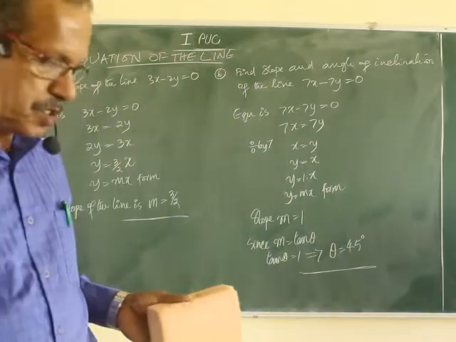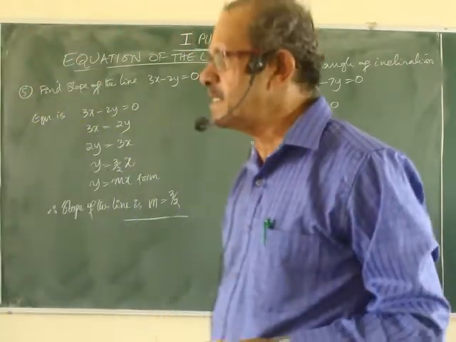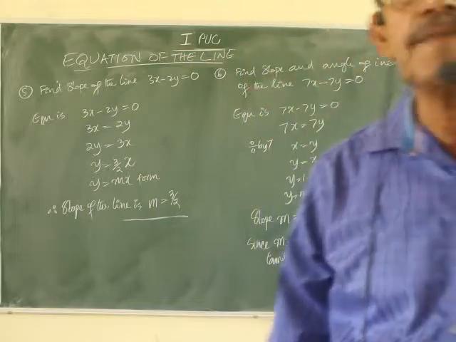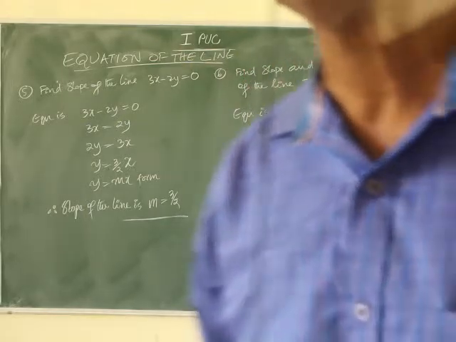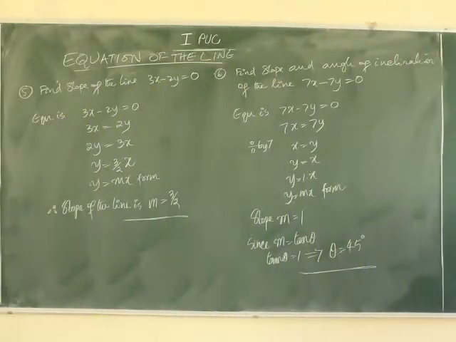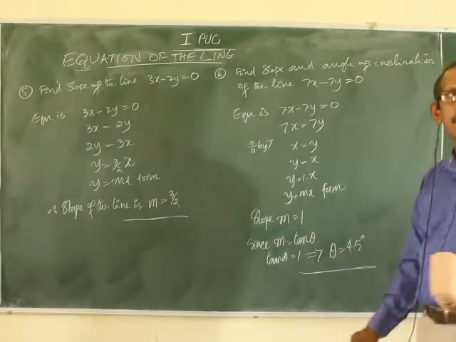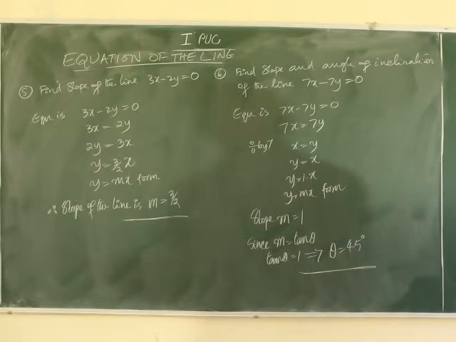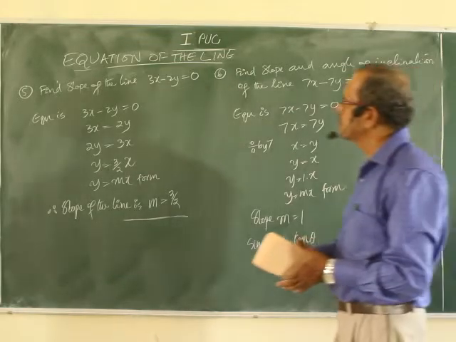Whenever slope is known, it is nothing but tan theta. Immediately we can find angle theta. Clear, no? Yes.